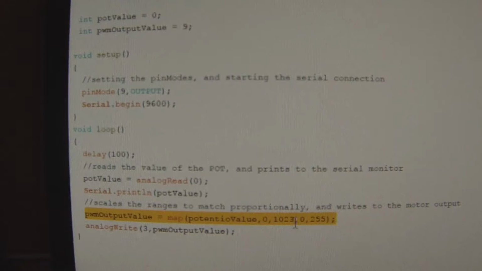Instead of being between 0 and 1023, it is scaled to be between 0 and 255, proportionate, and stored into the PWM output value integer. That integer is then analog written to output pin 3, which is a pulse width modulation pin that then controls the transistor that controls the motor.